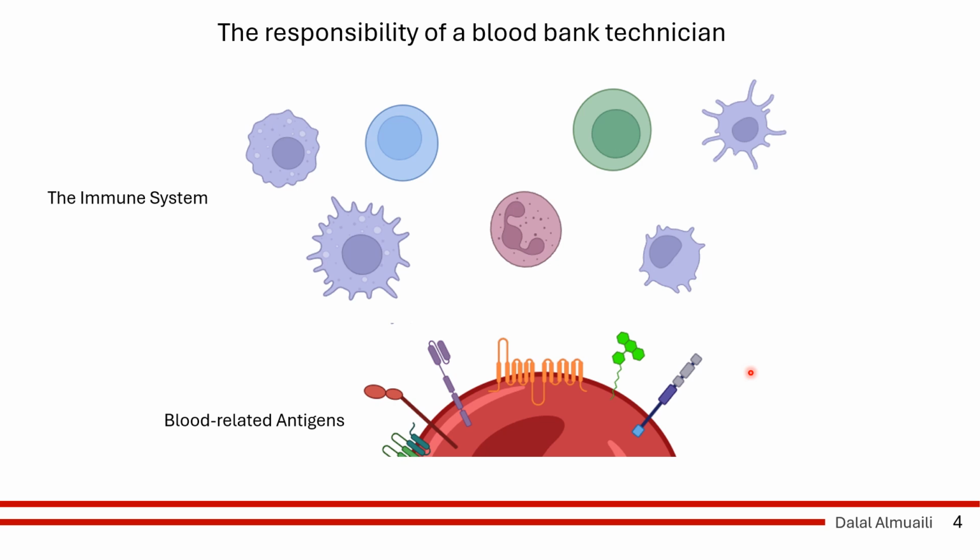Transfusion reactions don't only happen in response to the transfusion of red blood cells. Every single time we transfuse any component, we are introducing a foreign biological material into the system of the patient, which means that we will have a possibility of a transfusion reaction, which is a fancy way of saying an unfavorable outcome.